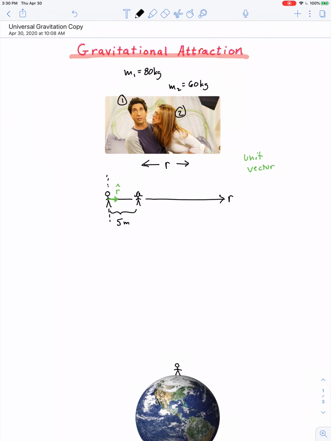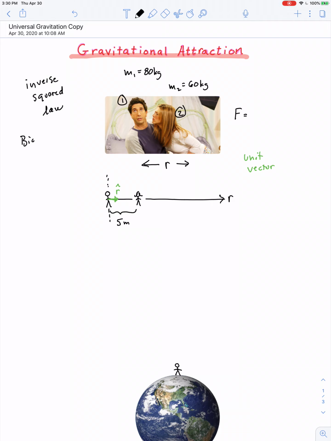We can find the force of attraction if we assume that gravity is an inverse squared law. There are a lot of inverse squared laws that you encounter in the study of physics. There's something known as Coulomb's law that finds the force of attraction between charged objects. There's another law called the law of Biot and Savart.